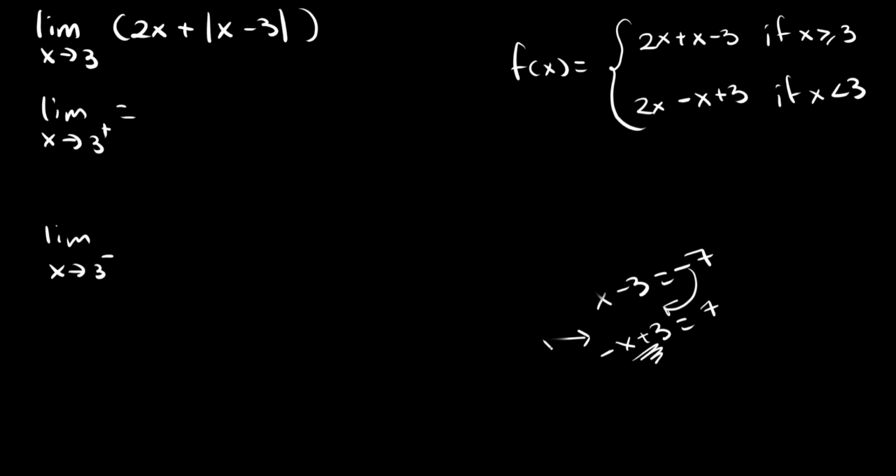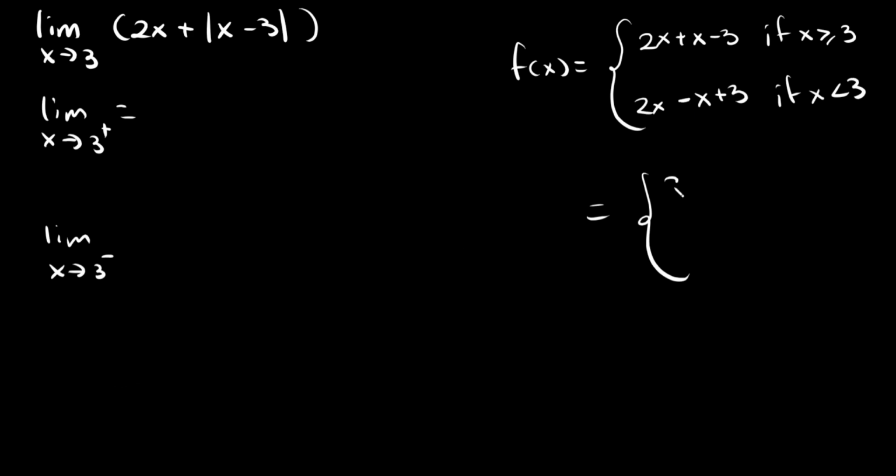I hope you guys are following me. Rewatch videos on absolute functions if you need to, but right now this is the video about limits. I'm not going too much into absolute functions. So the final thing, how it will look, is gonna be 3x minus 3 if x is equal or bigger than 3, and x plus 3 if x is smaller than 3.